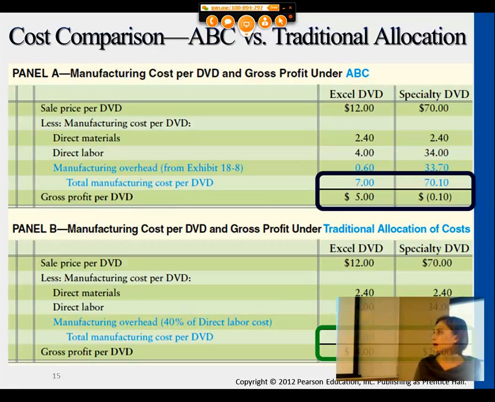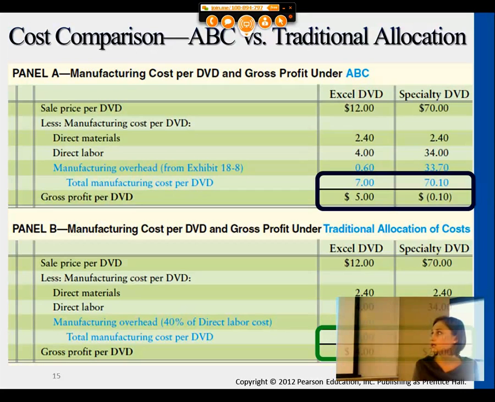The problem is that how many specialty DVDs I'm producing and how many Excel DVDs is not quite taken into account when I'm just using the traditional allocation of costs, right? So I may be producing a very small number of Excel DVDs and a very large number of specialty DVDs and not quite taking into account how much it costs me to produce that DVD.